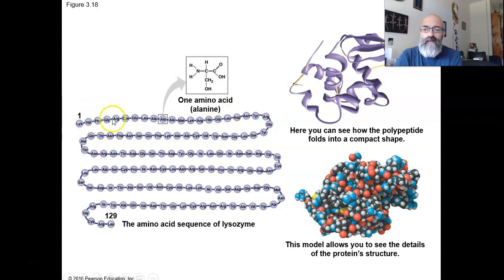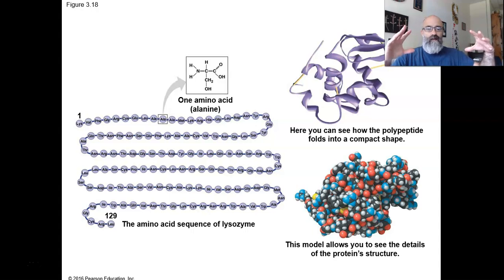Now the sequence of those amino acids, because some amino acids are attracted to each other, some are repelled by each other, because of the chemical properties of the specific type of amino acid, it determines how that chain folds into a protein. Most proteins are not just a long string. They are three-dimensional and they have a specific shape to them.